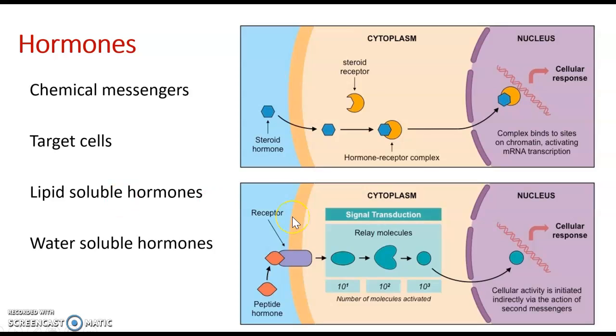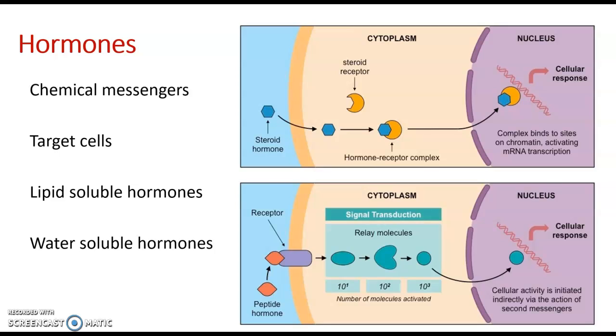So like we said, hormones are chemical messengers, and because they're floating around in the bloodstream, they have the power to impact a lot of things. Our body's mechanism for regulating what they are actually able to have an impact on is by designating certain cells as target cells.